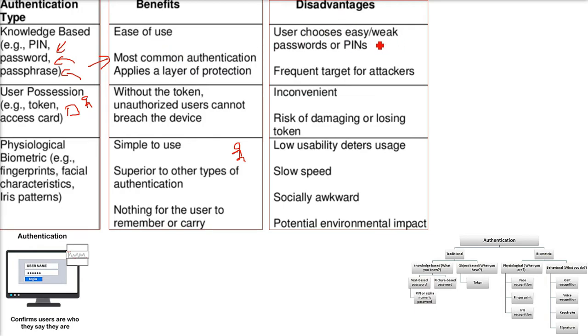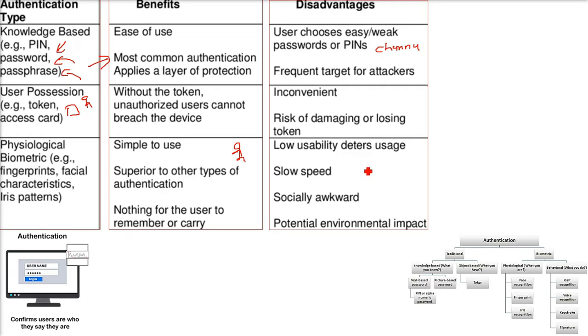What are the disadvantages? In the knowledge based, if your name is say Chunnu, and the user chooses an easy or weak password, then there is a problem. The attackers can attack. In user possession, sometimes your card gets broken. It is inconvenient. In biometric, first of all, you need to put a machine which is expensive. Low usability deters usage.